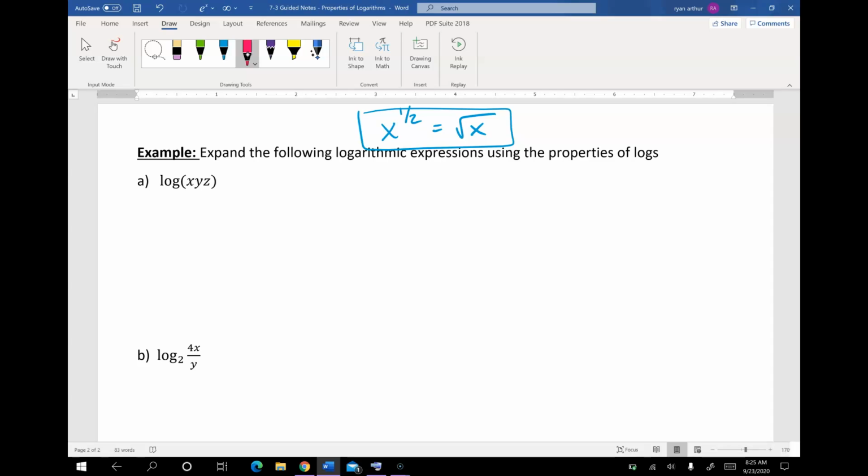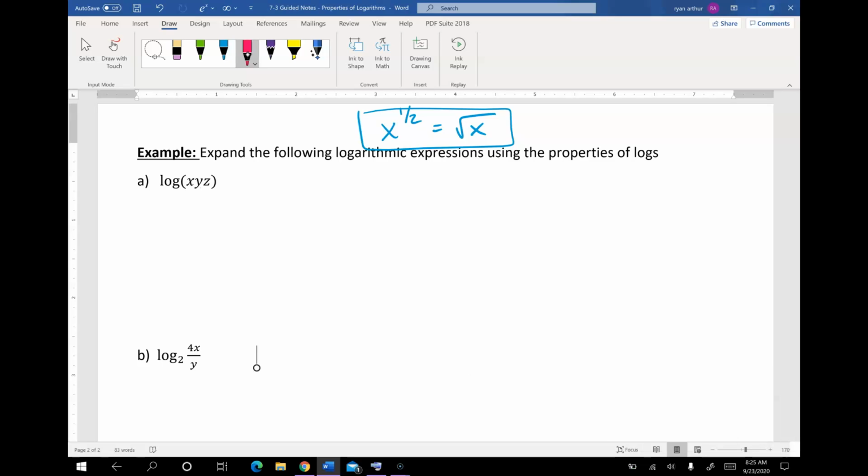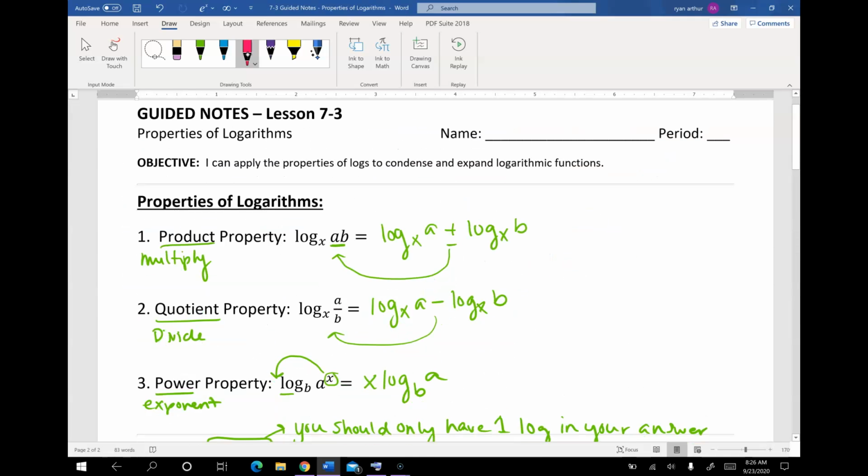When I look at this first log in letter A, I have 3 variables, don't I? So that means I'm going to have 3 logs, and each variable goes to the log. Now this is all multiplying, so remember, multiplying means to add.